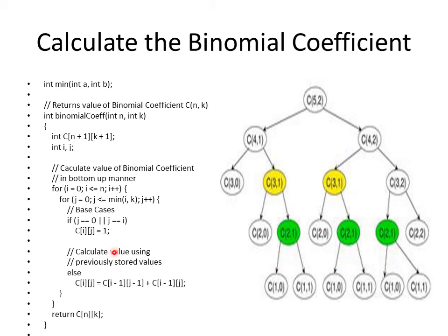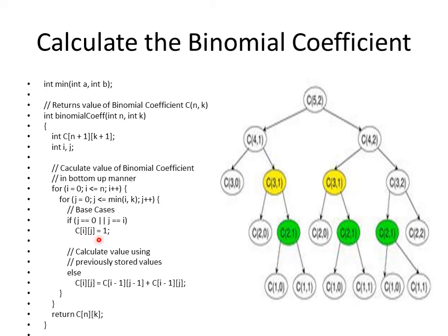If this condition is false, it calculates the value using previously stored values, in the else part. Here you can see C of i, j equals C of i minus 1, j minus 1 plus C of i minus 1, j.